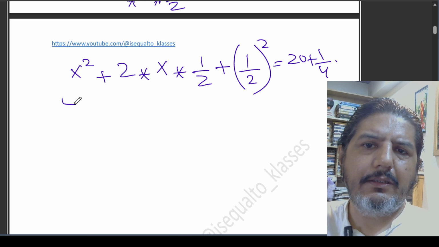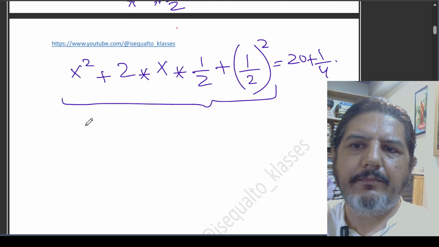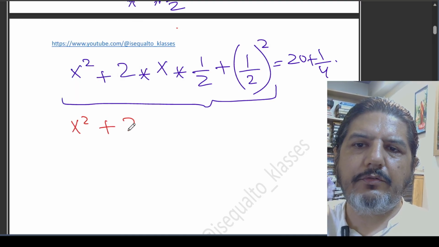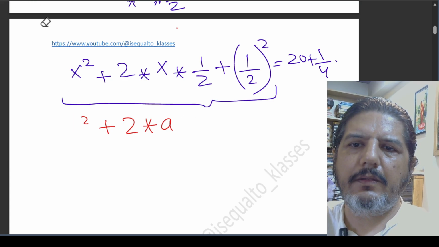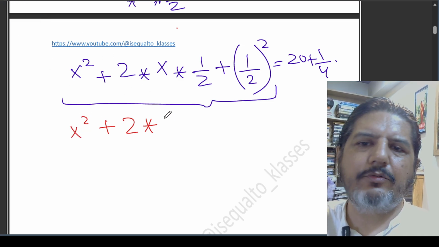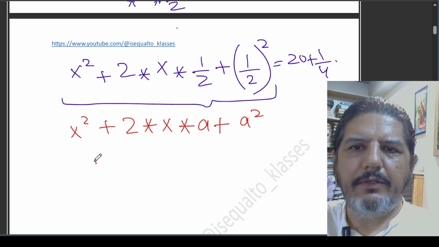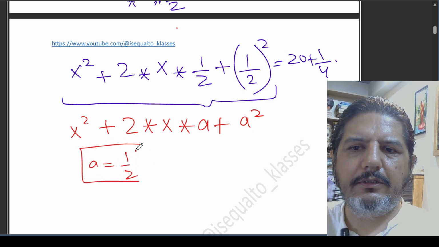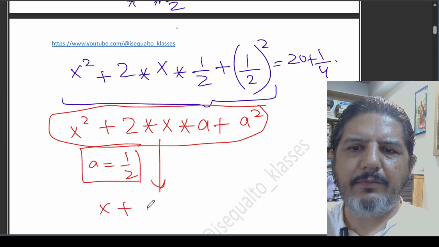Now see, if you look closely, this has taken the shape of x square plus 2x into a plus a square, where my a is equal to half. And what is this? This is (x + a) whole square.